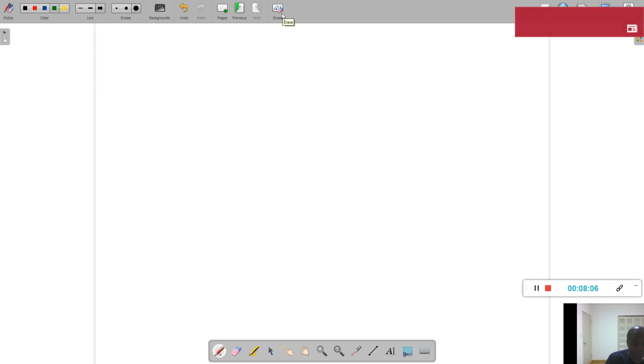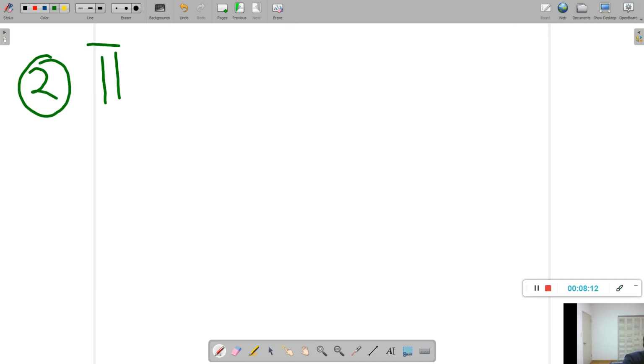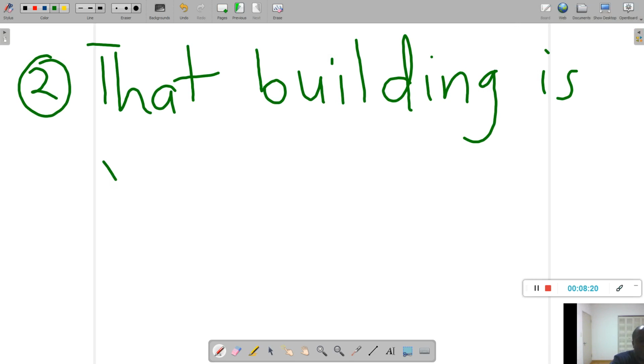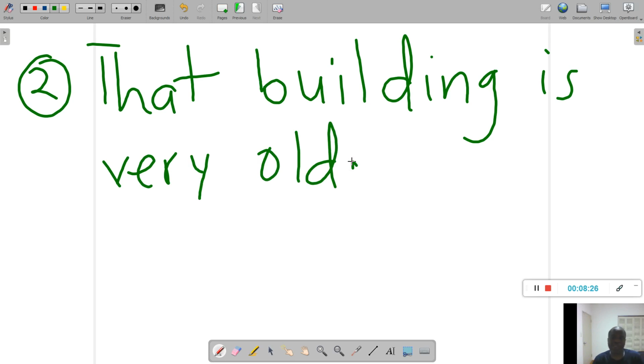The next example we're going to look at is, that building is very old. Example 2: That building is very old. Our subject is that building, so let's forget about it.